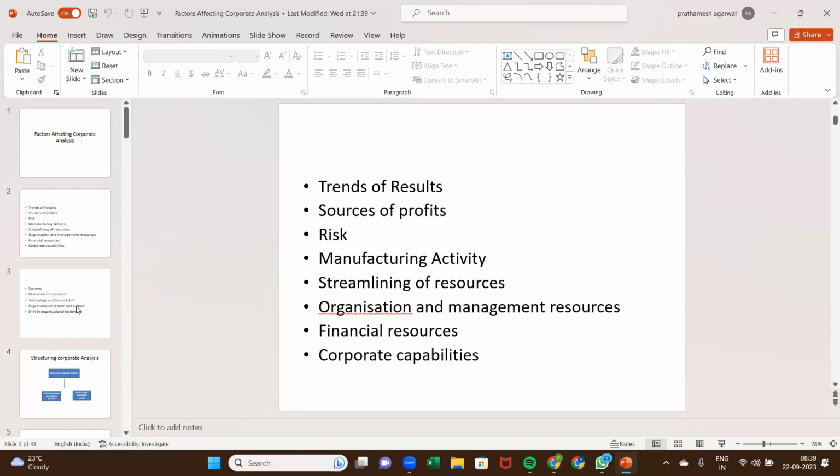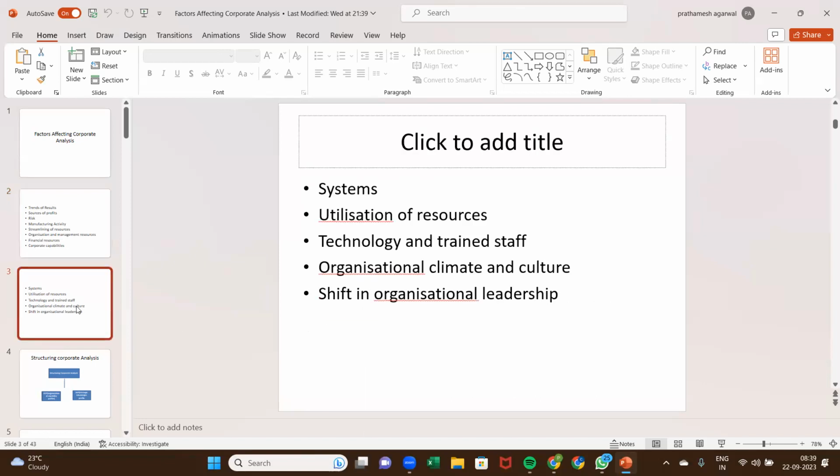The next slide tells us about the systems. Now, what are systems here? We have systems of communication. If I am talking to the top management, I need to have a formal way of communication. But if I come to a lower level of management or to a contract labor, I need to have an informal way of communication because he understands that language.